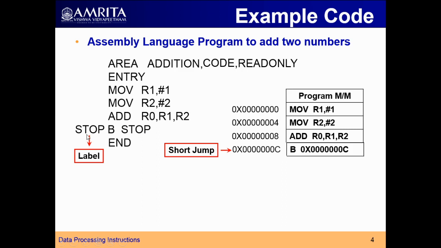So that the processor will not go to a location where the program is not there, and by using this you are allowing this program to execute only once, that is stop, B stop, and the last one, END, shows the physical end of the program. Right? So this is how we write a small basic addition program using ARM assembly language.